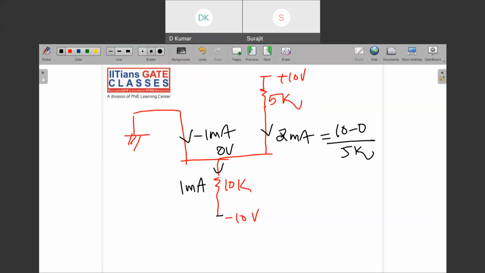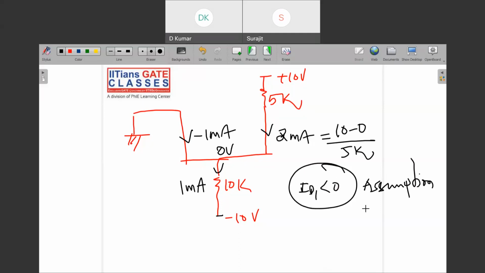Therefore, ID1 is coming out to be less than 0, right? So what is the assumption? Assumption for D1 is wrong.